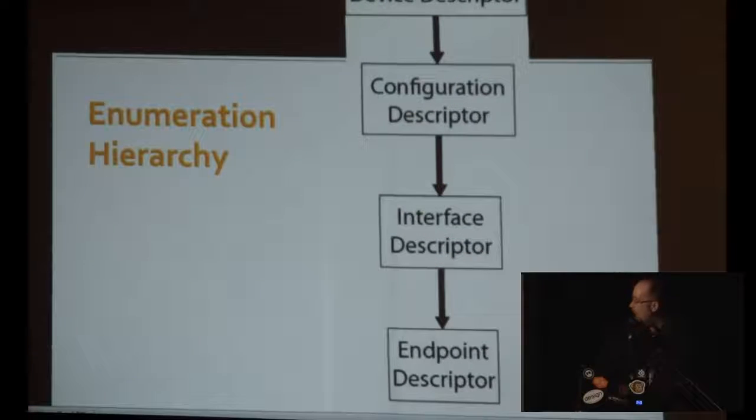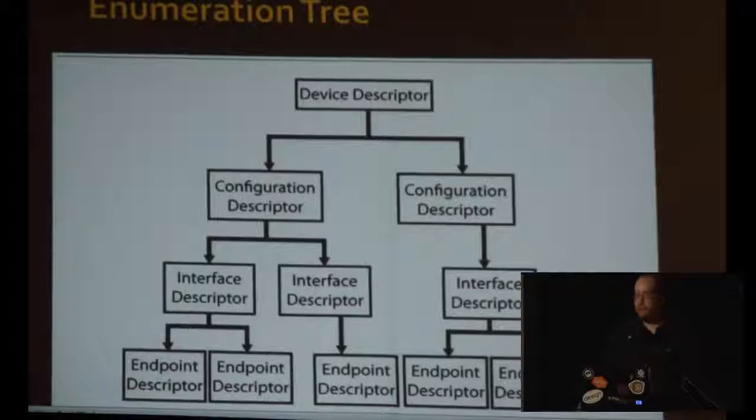Now the formats that come back are the device descriptor, configuration descriptor, interface, and endpoint descriptors. And this basically makes up the crux of how USB communicates back and forth. Everything comes from the root of the device descriptor, and you can have multiple configuration, interface, and endpoint descriptors, as I'll show here.